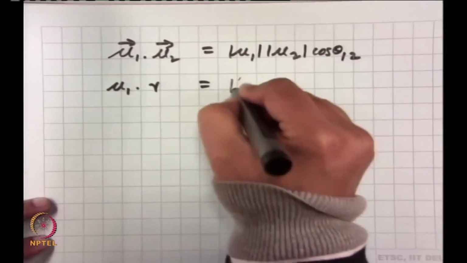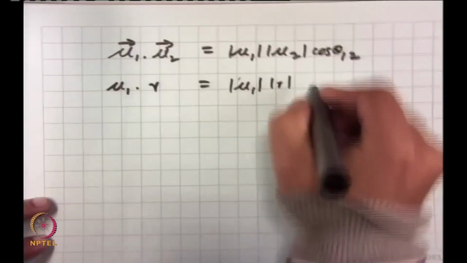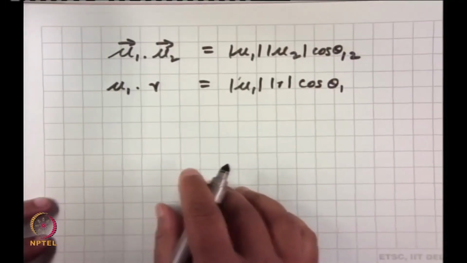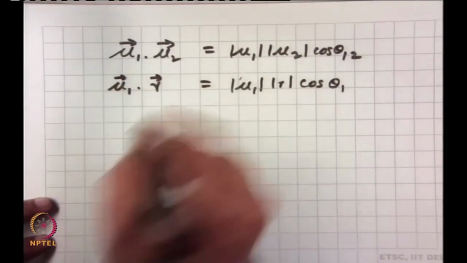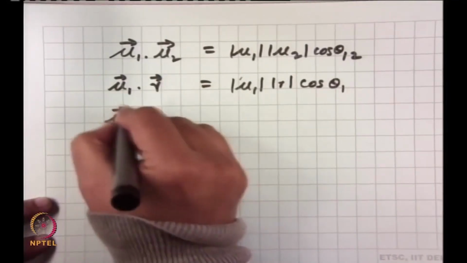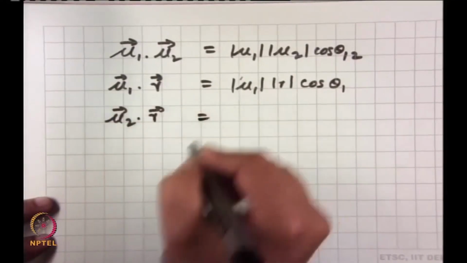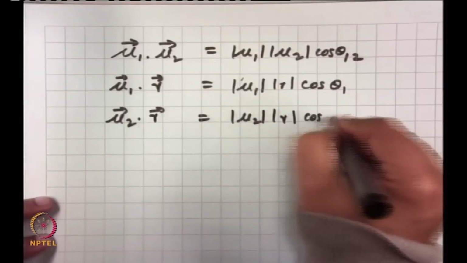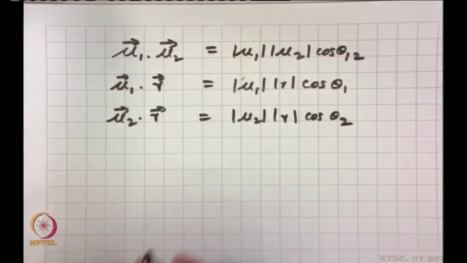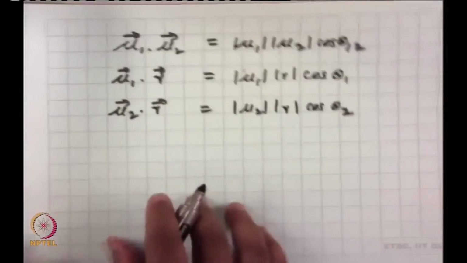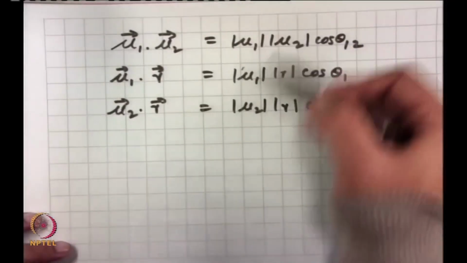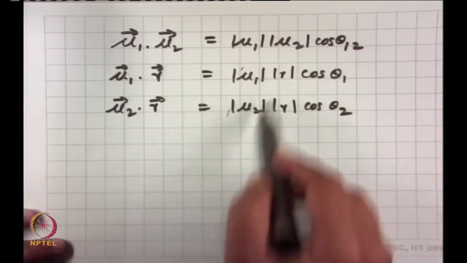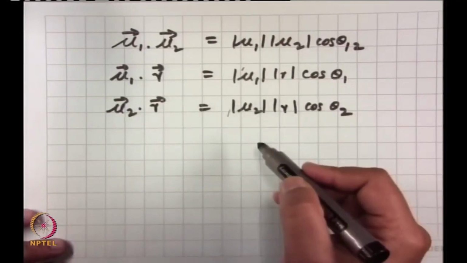I should be writing mu 1 r, then cosine of theta 1, right. And if I am writing mu 2 dot r, then this is equal to mu 2 r cosine of theta 2. Okay. So, again these are your absolute magnitudes. So, from now on I will not represent them like this form, I will just write mu 2 r and all these things straight away.